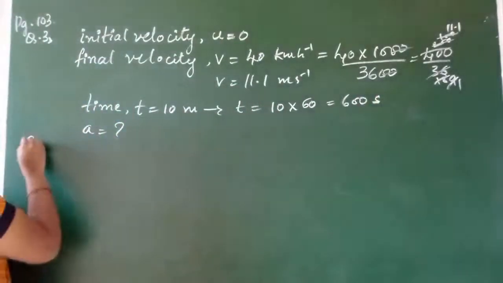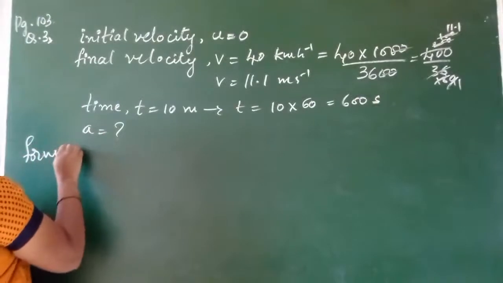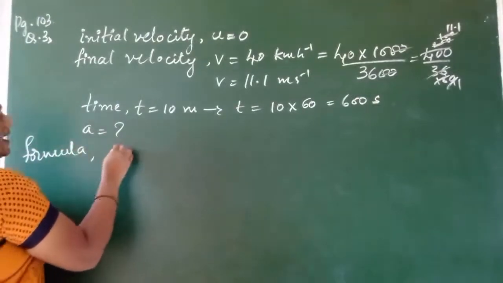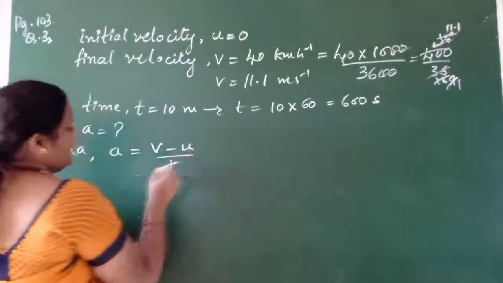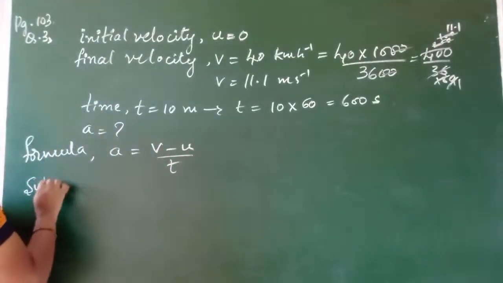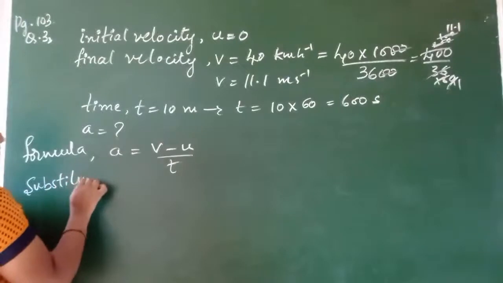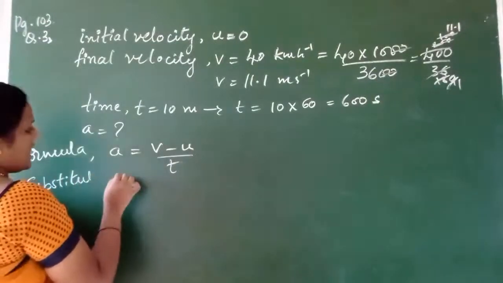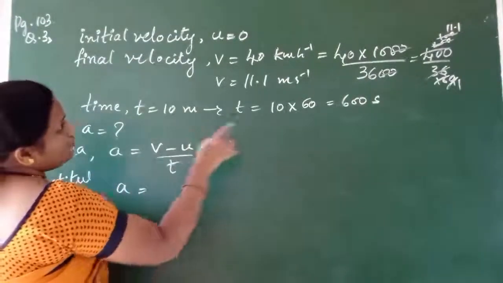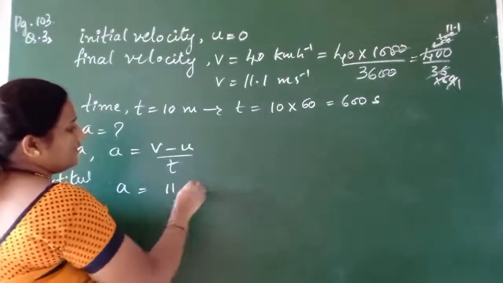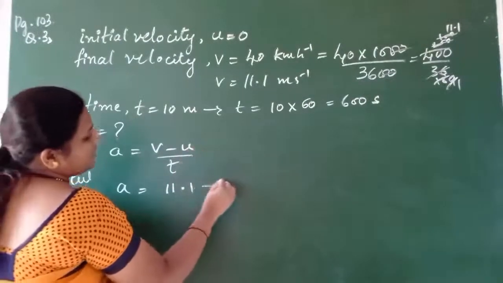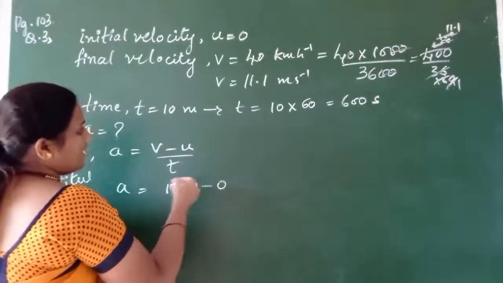So using the formula, which formula we need to use, children? We have to take A is equal to V minus U divided by T. Now substitute the given values. What is that? A is equal to V. V is what? 11.1, then minus 0. 1 you can take, children.